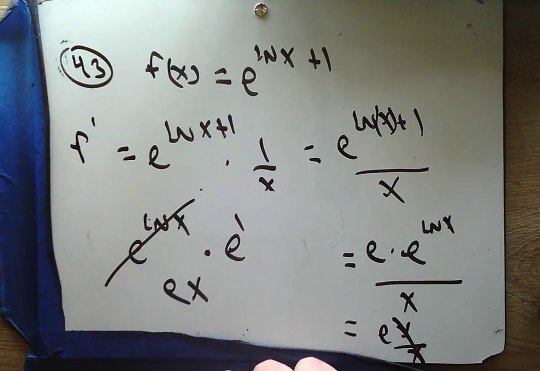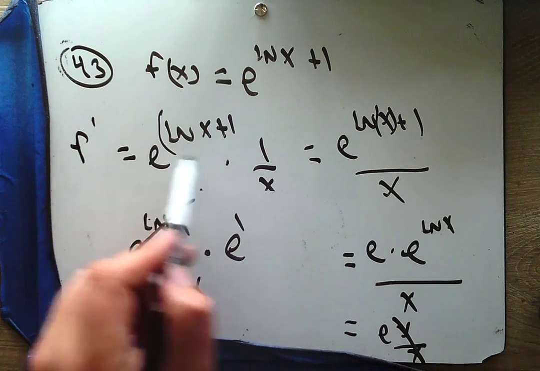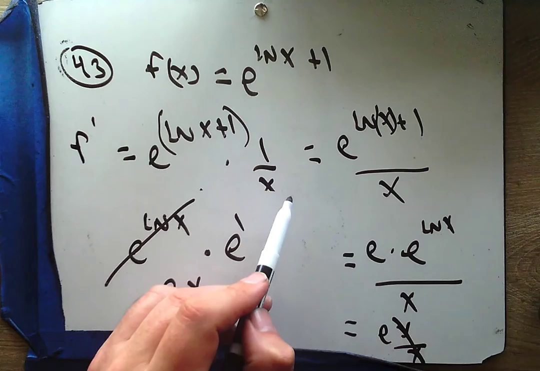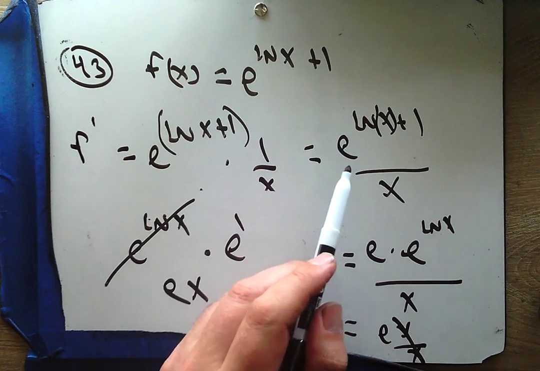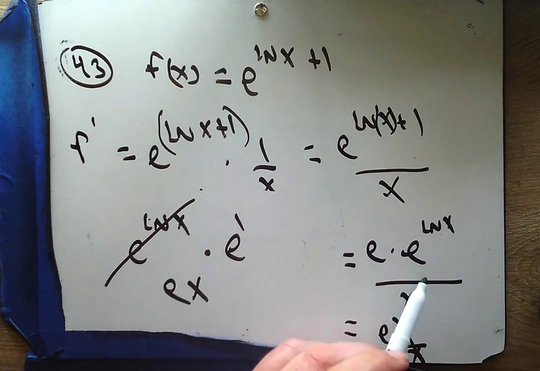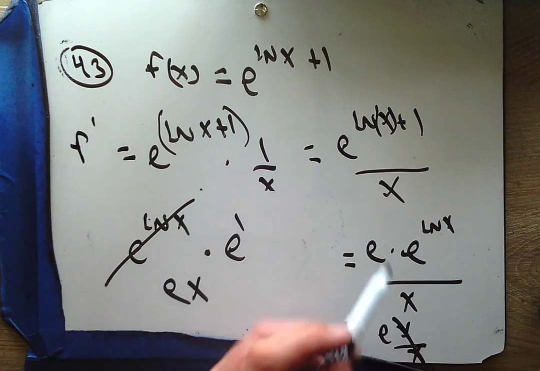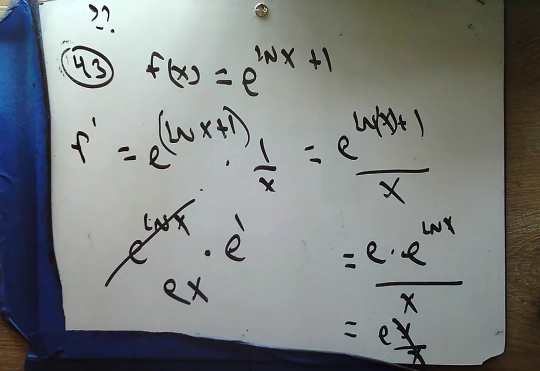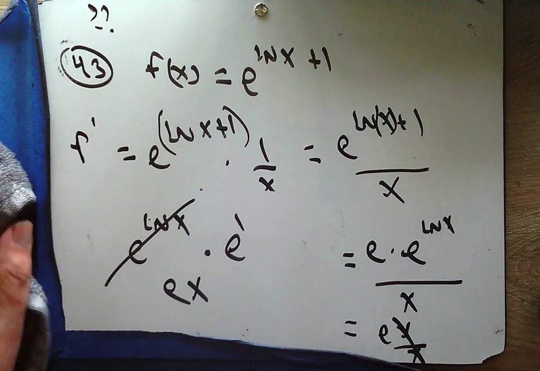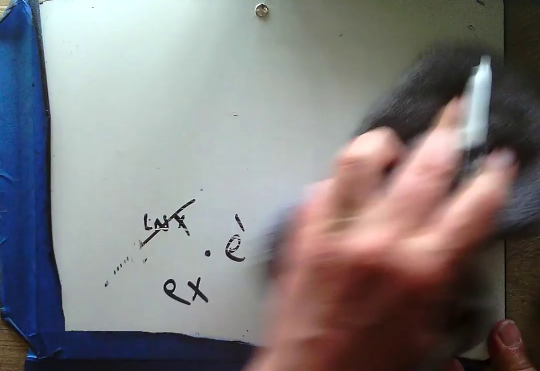That's just x. Kind of want to keep looking at this. Derivative of the inside. Cancel x. Why don't you figure out what's happening here and put a message in the comments down below.